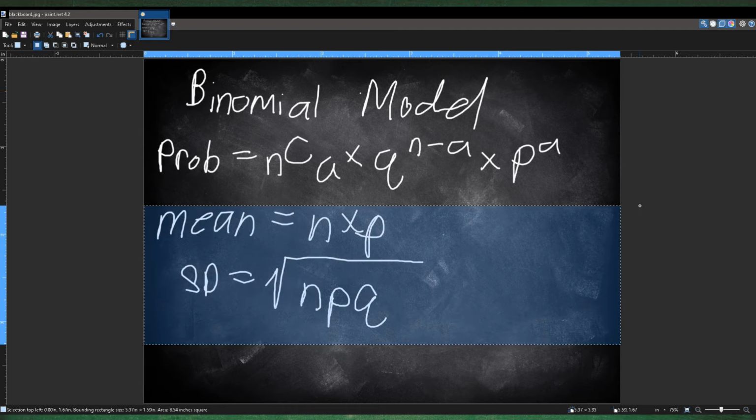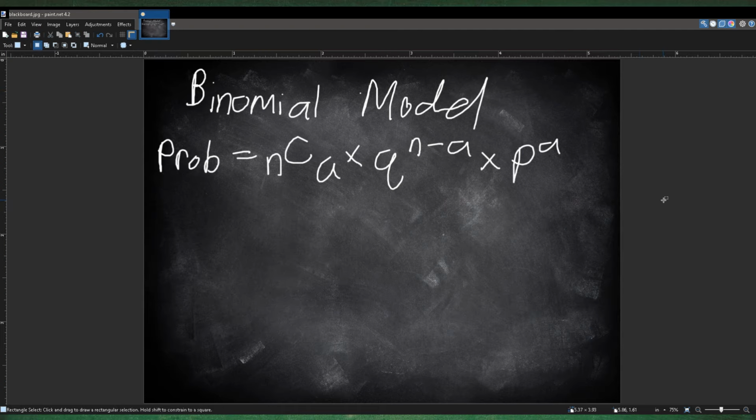You use the geometric model to solve questions like how long it takes to get your first success. The binomial model calculates the number of successes, and you can also use the binomial model to calculate at least or at most questions.